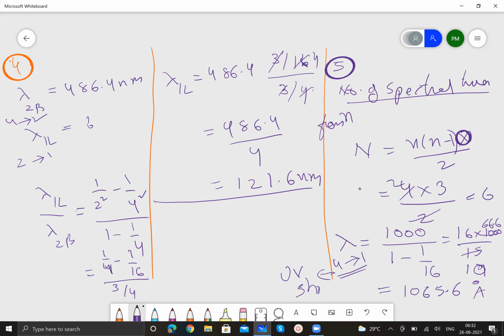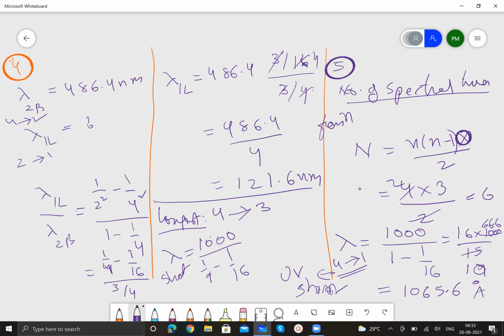Suppose you want longest, longest will be between neighboring orbits, because it is jumping from the fourth orbit. So it should be 4 to 3. Means we get lambda is equal to 1000 by 1 by 9 minus 1 by 16.